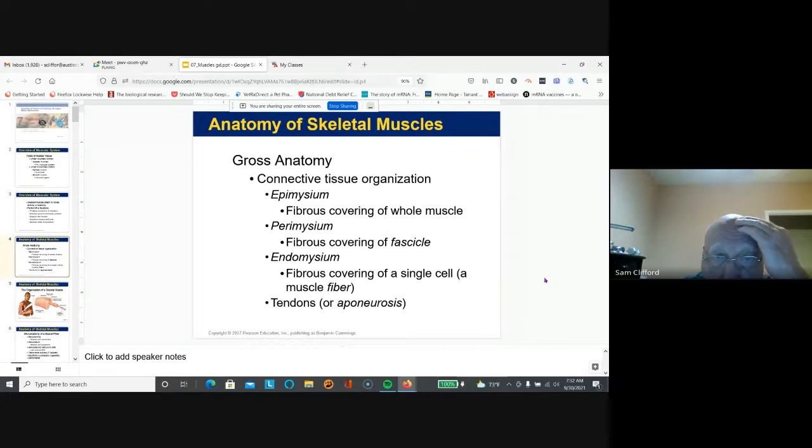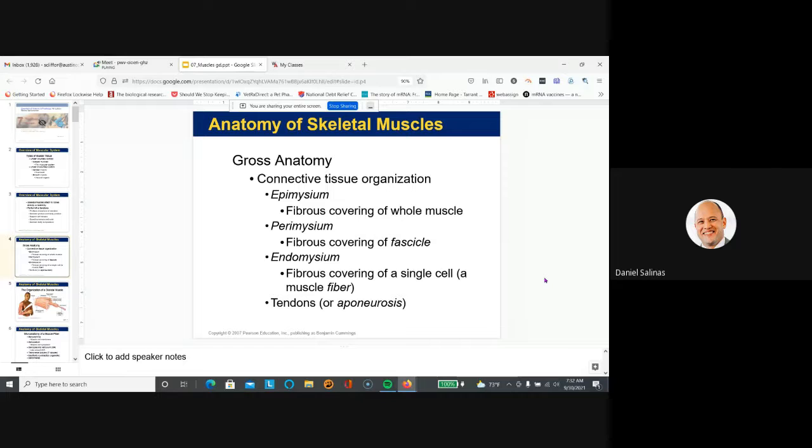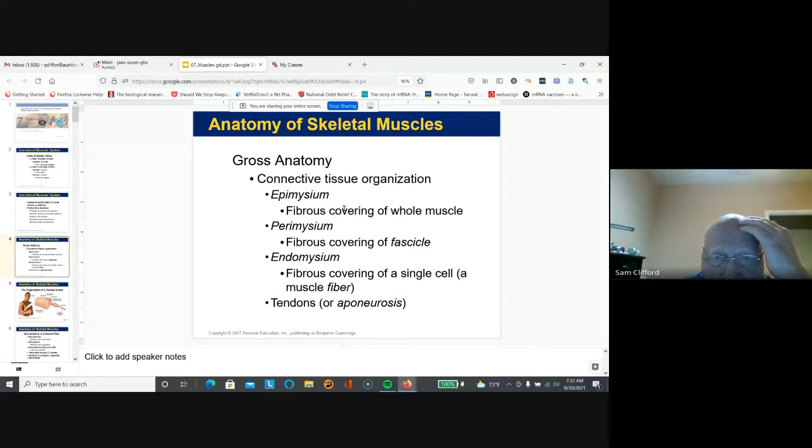Okay, so the gross anatomy of muscle. The epimysium covers the whole muscle. There's more connective tissue of the fascicle, which sits right on top of the outer layer of muscle, and endomysium surrounds each muscle fiber, which is a single cell.